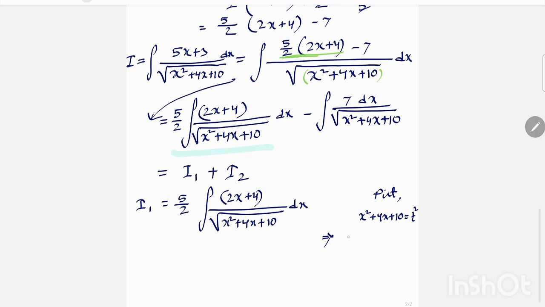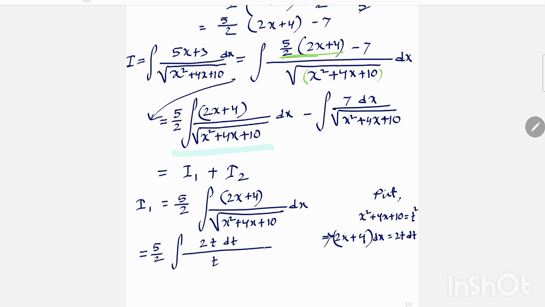Just differentiate on both sides. So we will get 2x plus 4 into dx equal to 2t dt, right? Now you can easily put in this substitution. Root over x square plus 4x plus 10 will be t, and in the numerator it is 2t dt, since 2x plus 4 dx is equal to 2t dt.